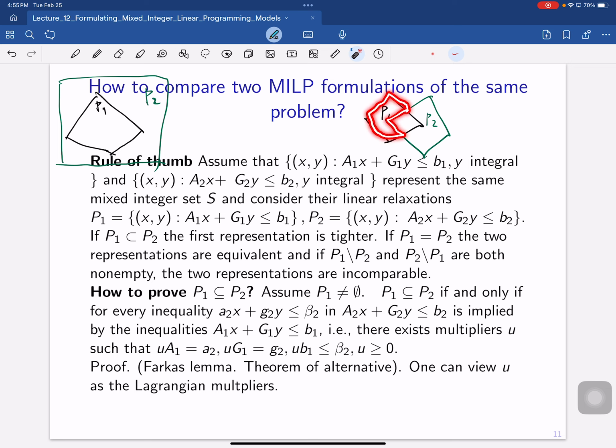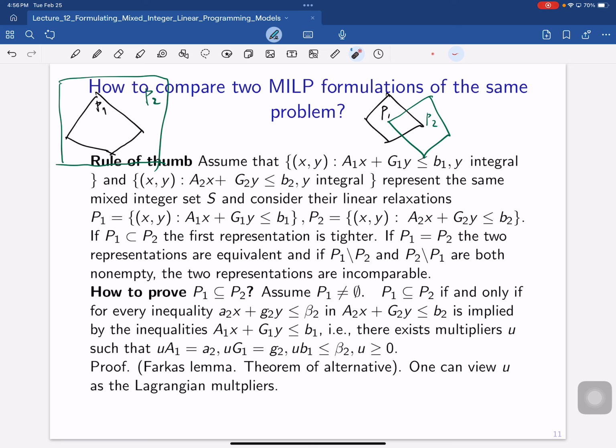It's a non-empty region. Likewise, if you take P1 out of P2, you are left with this region here. It's also a non-empty set. That's why they are incomparable. And if they are equal, then we say these two representations are equivalent.